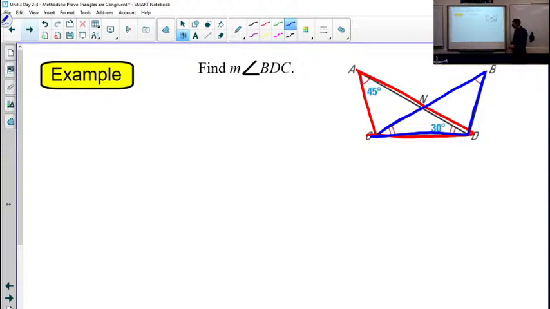And the angle we're looking for is angle BCD. Or sorry, BDC. Angle BDC. Well, we can trace that out just like we always would for an angle. Angle B down to D, out through C. So we are looking for this angle here.